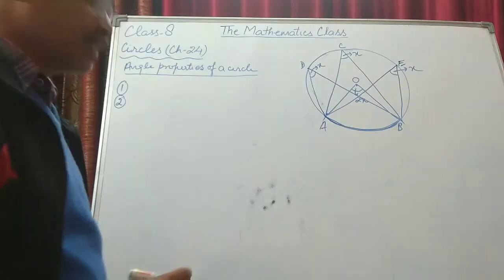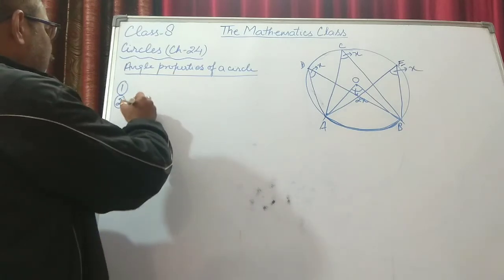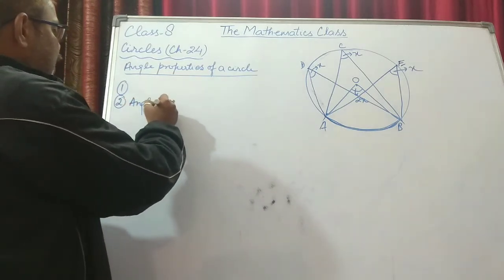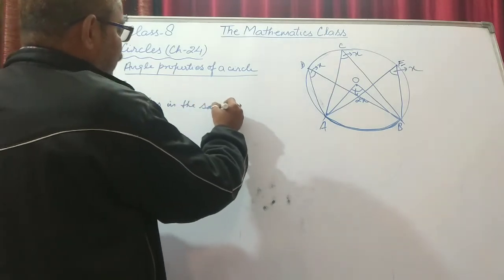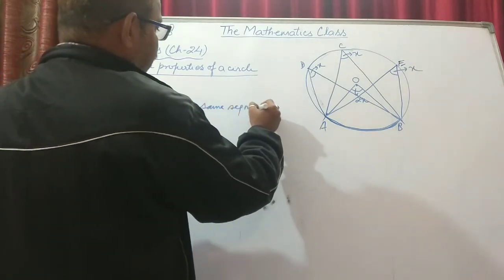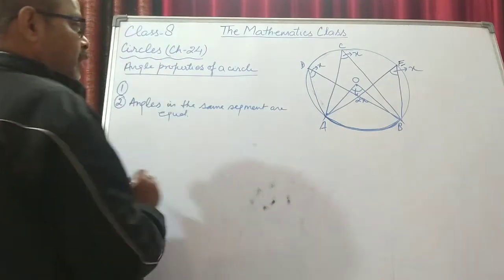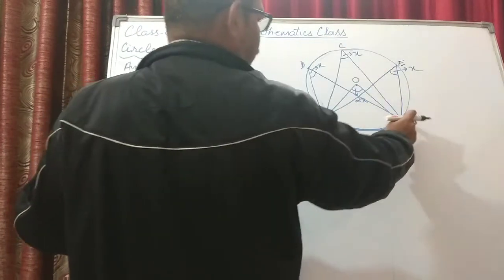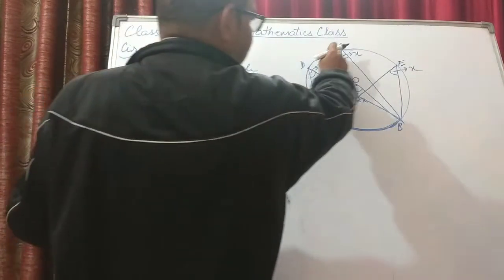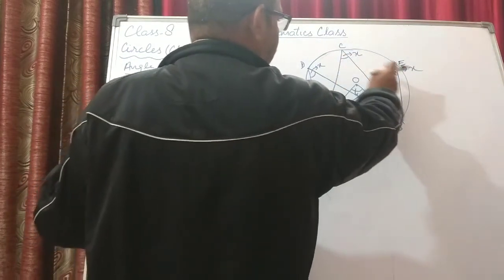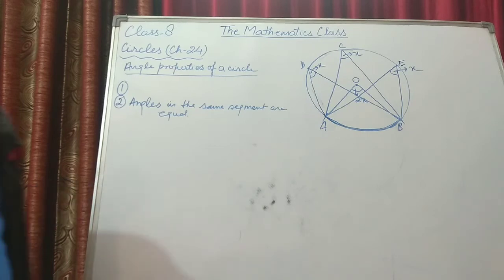So angles in the same segment of a circle are equal. The second property is angles in the same segment are equal. Always remember. Now in this segment BECDA, you can see angle D, angle C, angle E, and all of them have the same measurement. So this is x, like this.